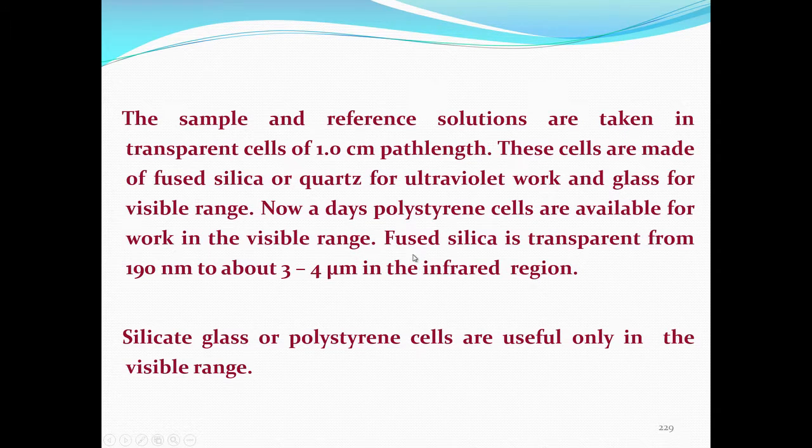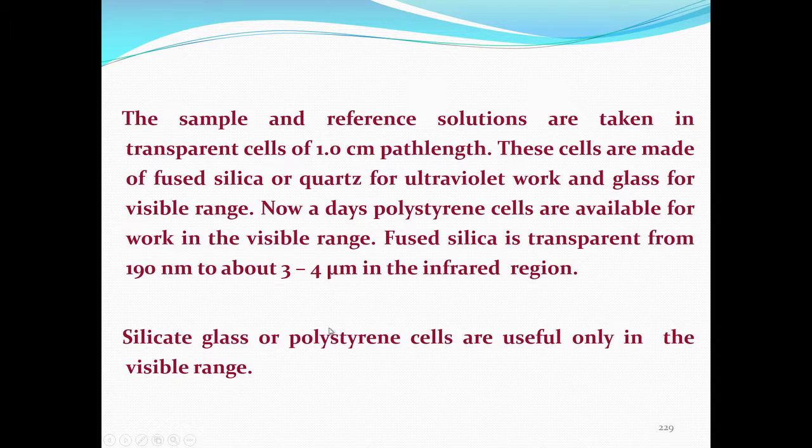Now, fused silica is basically transparent from 192 nanometers to about 3 to 4 micrometers in the infrared region also. So, nowadays several spectrophotometers are available which permit you to make measurements in the near infrared region.